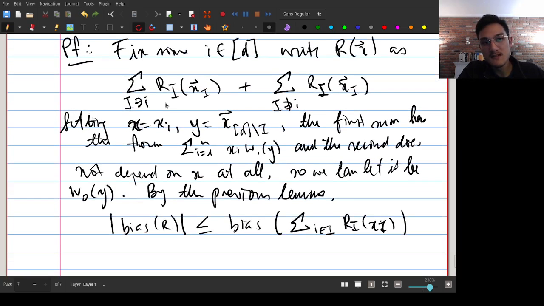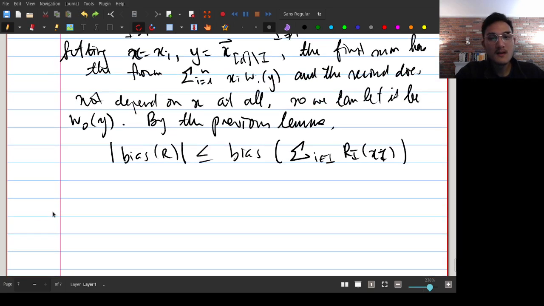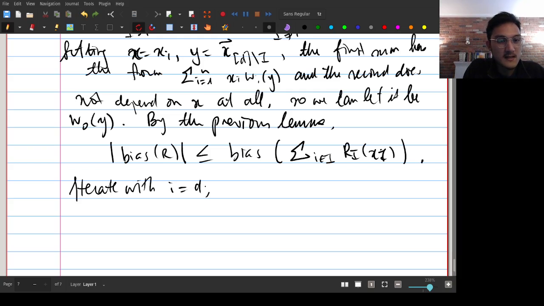So this is A(x, y) in the previous lemma. Now all we need to do is whittle this down, so we iterate with i equals d all the way down to i equals 1.